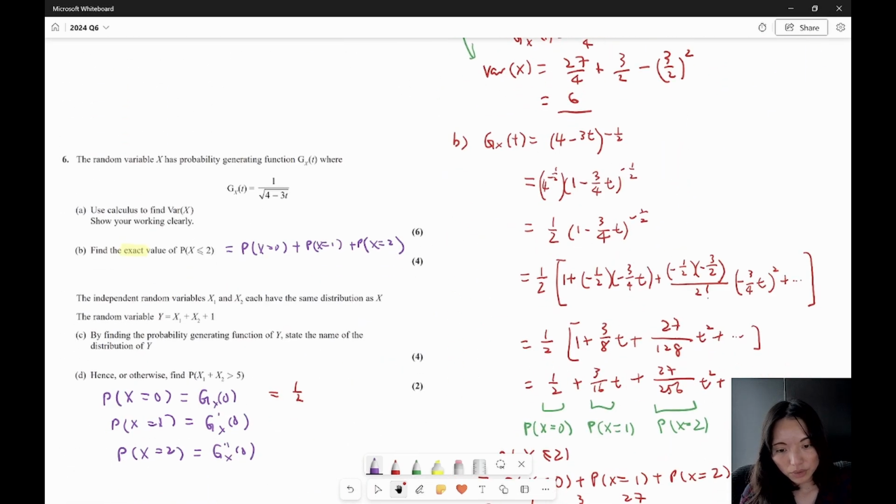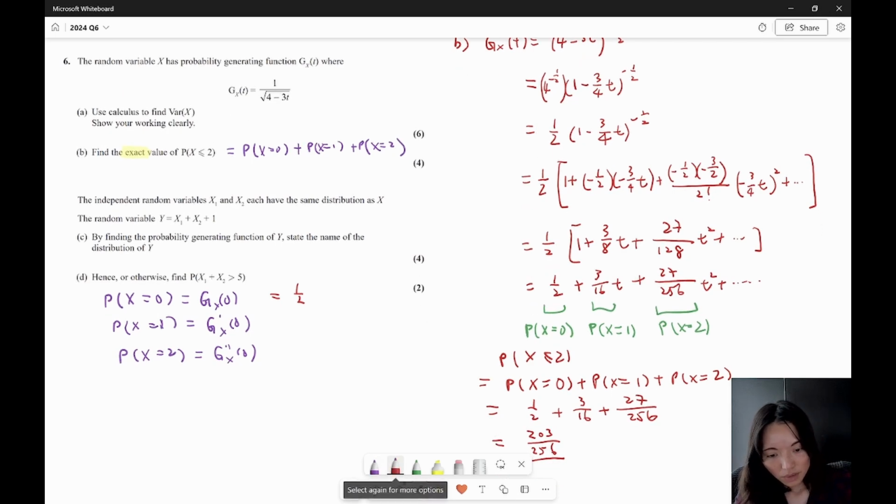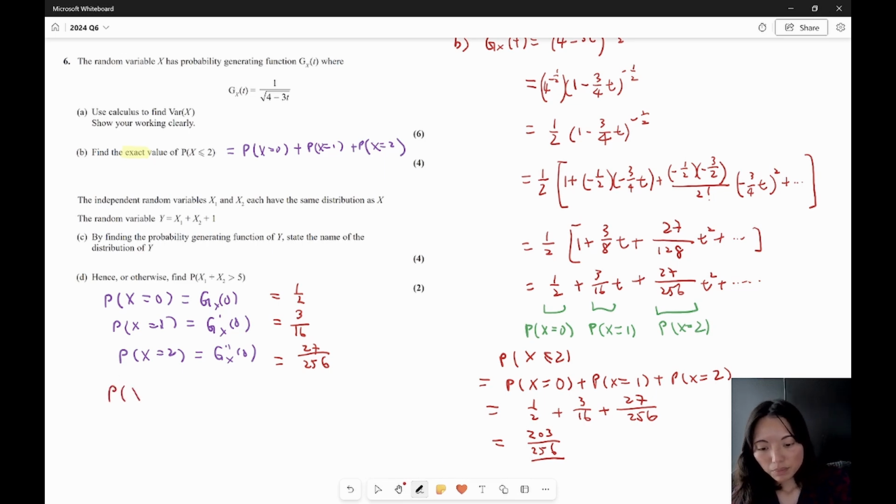So going back to my evaluation, so just now I saw this equals 3 over 16, so let me write that properly. 3 over 16, and that equals 27 over 256. So it's a much easier way to work out the probability of x less than or equal to 2, which is 1 over 2 plus 3 over 16 plus 27 over 256.